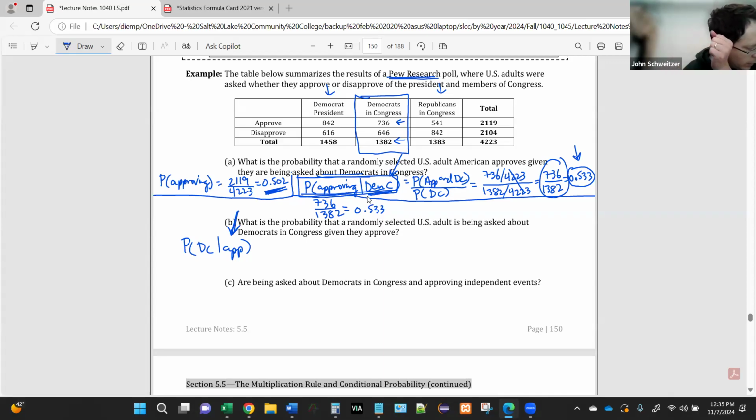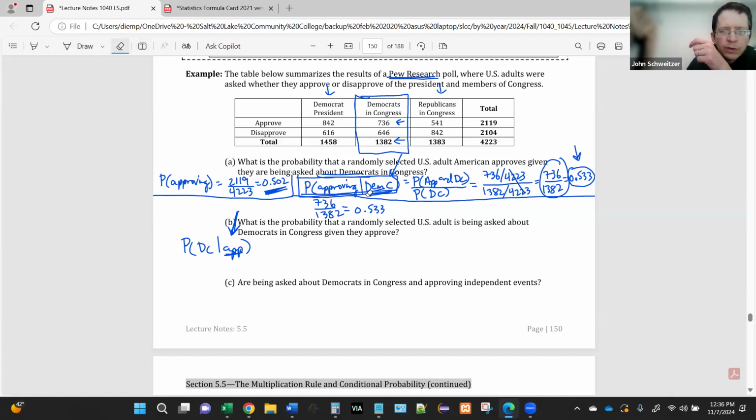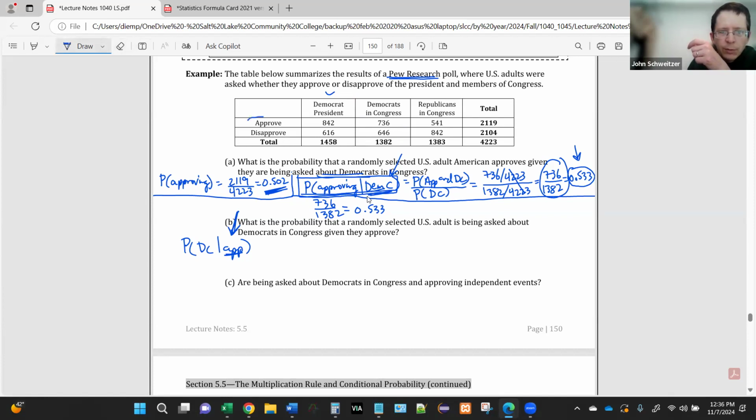Okay, so how can we do that? Well, let's use our counting technique. Instead of the formulas, let's just use the counting technique. If I know that somebody approves, then I know that they're somewhere in this part of the table. Right?